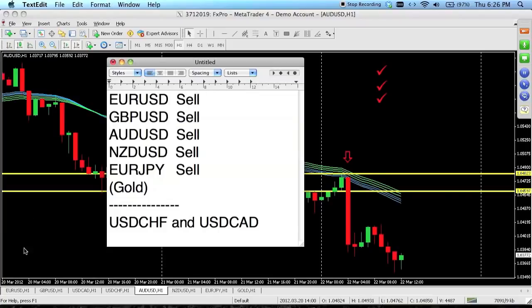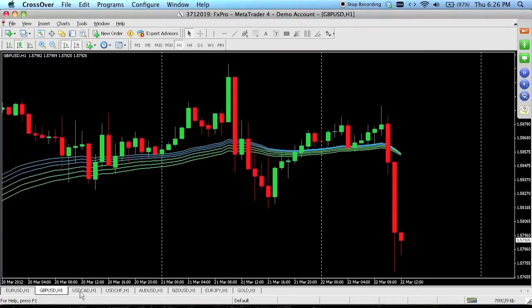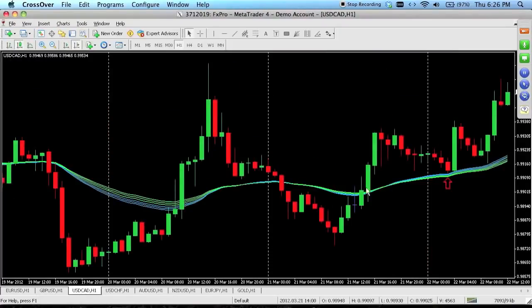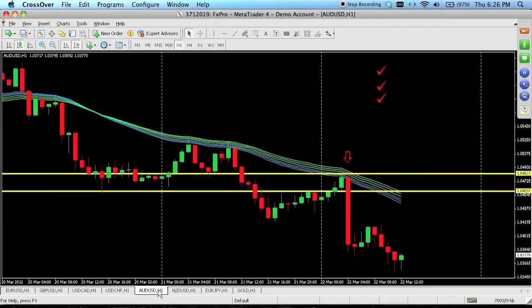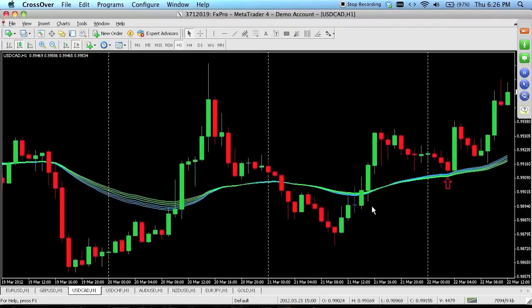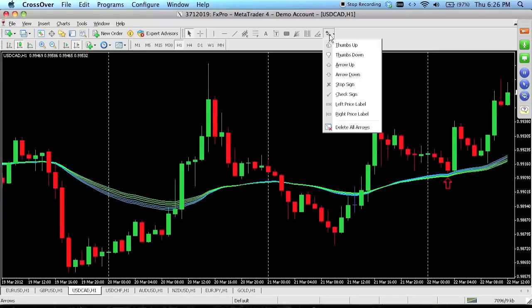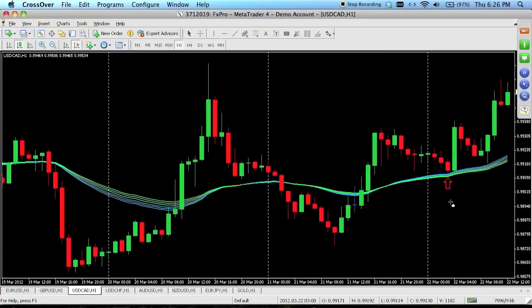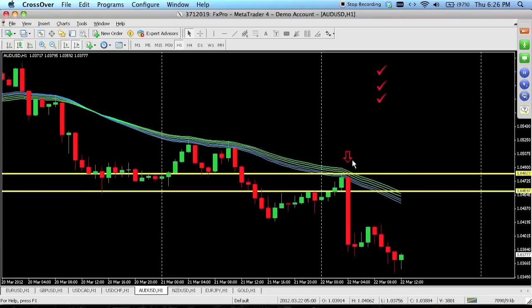Now you remember, Andrew, when we looked at US dollar CAD at that very same time, and you said that there was a trade, but we said no, there's not a trade because of congestion. In this particular case, now that we're looking at correlation, this is a win. Why? Because Aussie dollar, we have a sell.